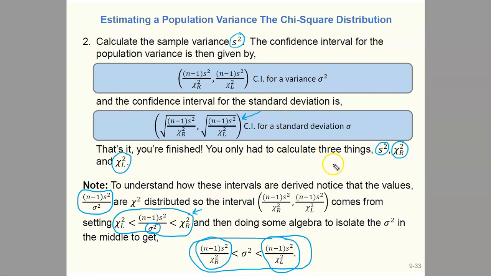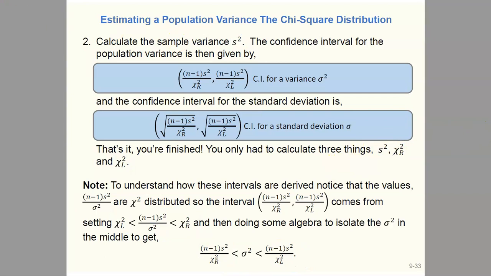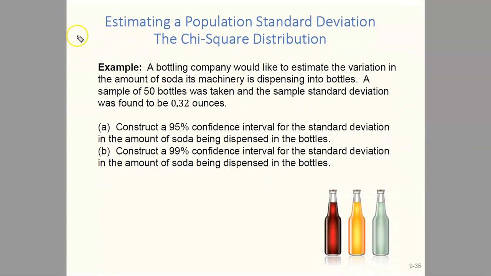Now let's take a look at an example. Now in this example, we're going to construct a confidence interval for a population standard deviation. Now, a bottling company would like to estimate the variation in the amount of soda its machinery is dispensing into bottles.